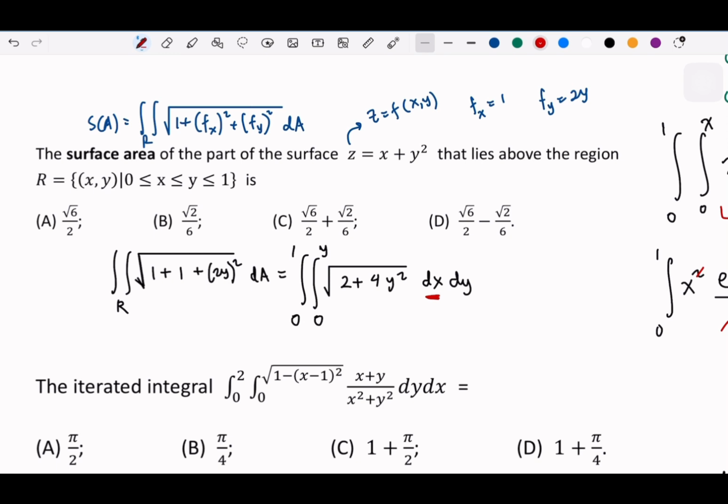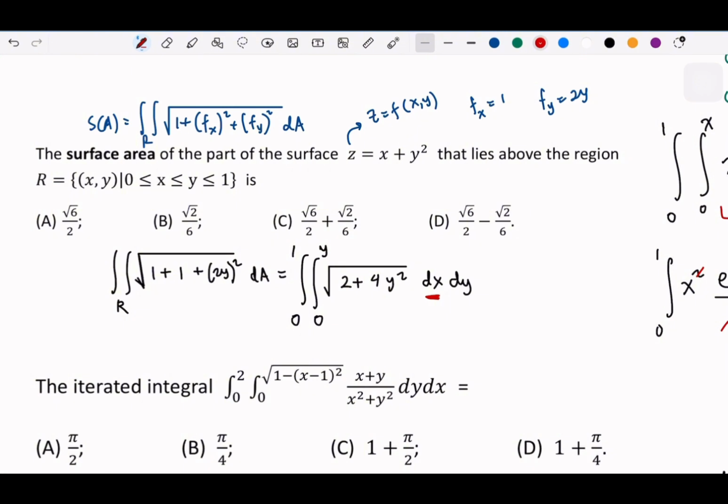So why did I choose dx as the first order of integration? Because we have y in the limits here. If we take dy first, then maybe we have trouble when we integrate. So I would like to take x first, because then we put in y, and in the next step we can use substitution.